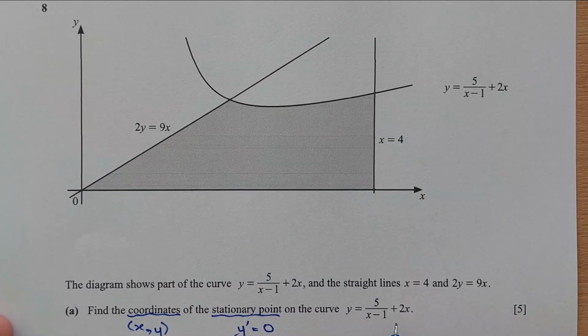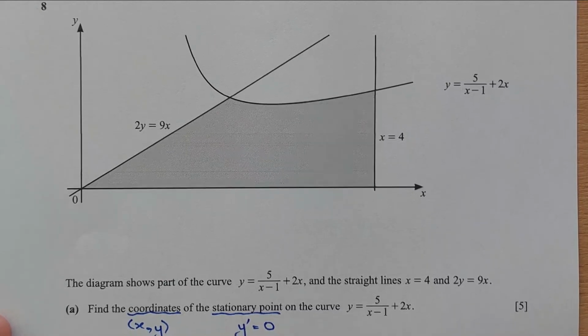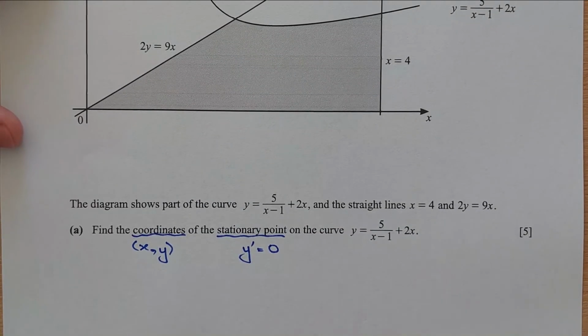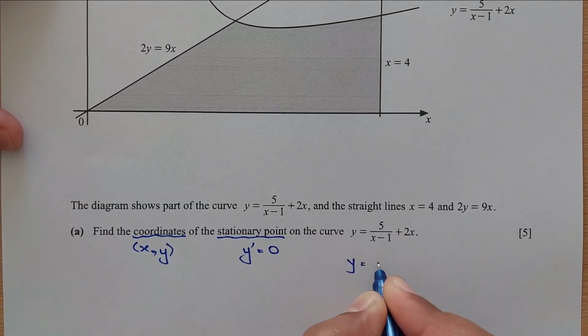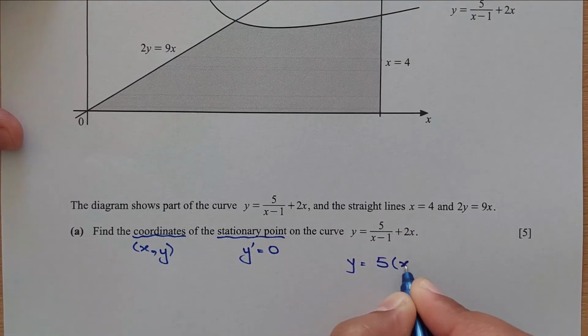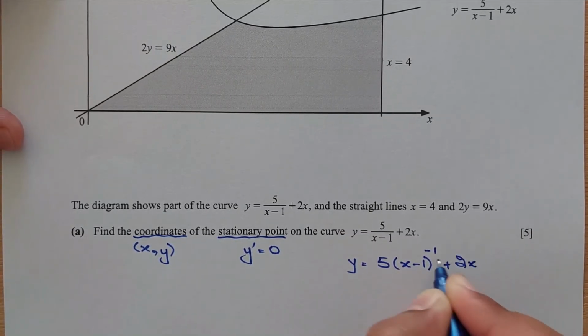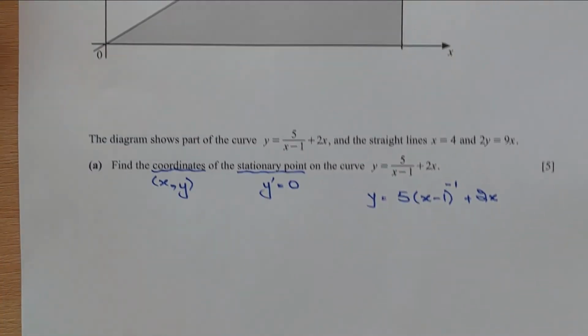So we have y, we need to find y prime or dy by dx, right? Okay, so let me write down y as 5 times x minus 1 to the power minus 1, plus 2x. We can easily apply the power rule of differentiation here.